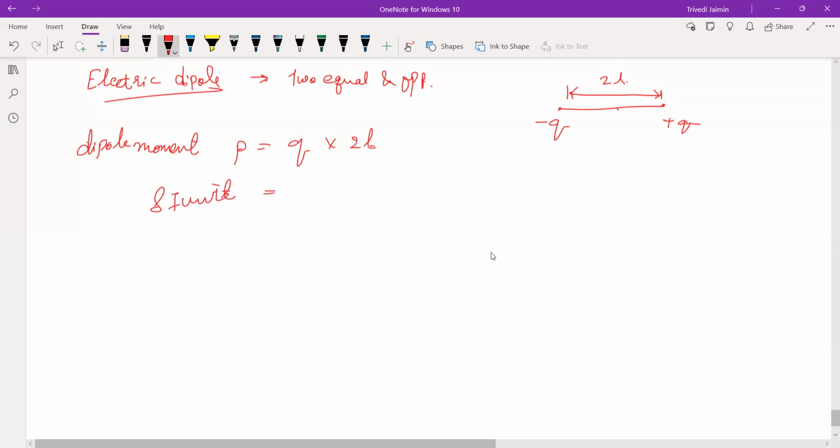What will be the SI unit? Can someone tell me? Coulomb meter.